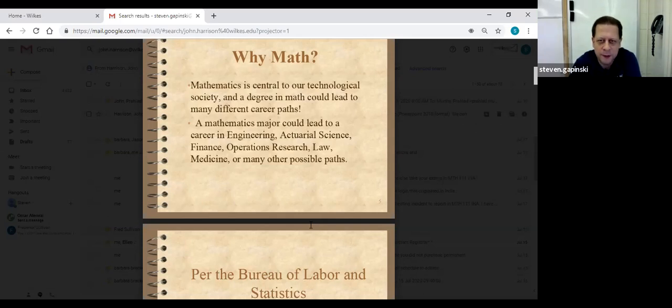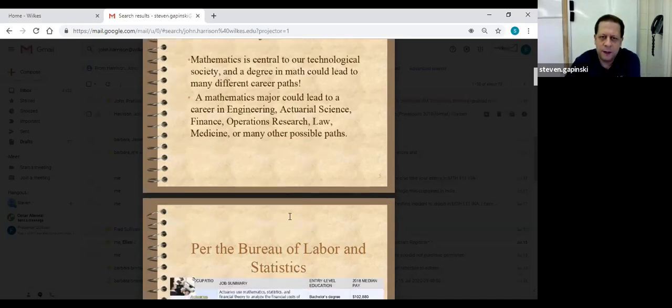It's easy to cross over into something else, even in graduate school, if you wanted to go that route, or keep going with more math. It's very versatile in that regard. Because at the end of the day, really what mathematicians do is think abstractly and solve problems. And that's a big, important skill set for a lot of other disciplines.